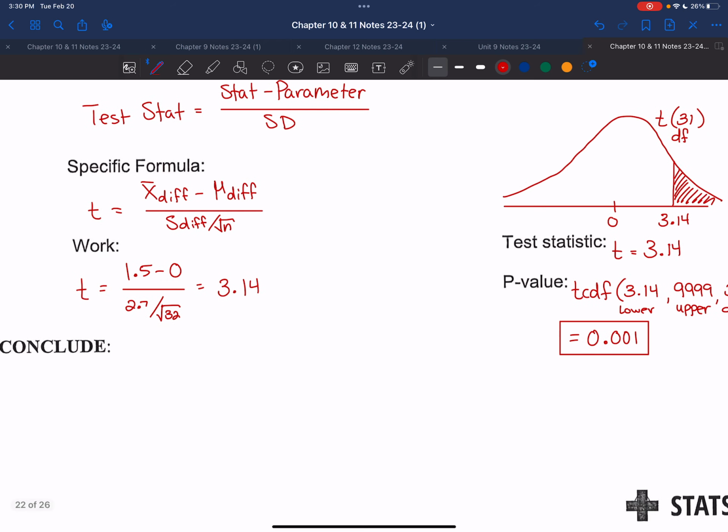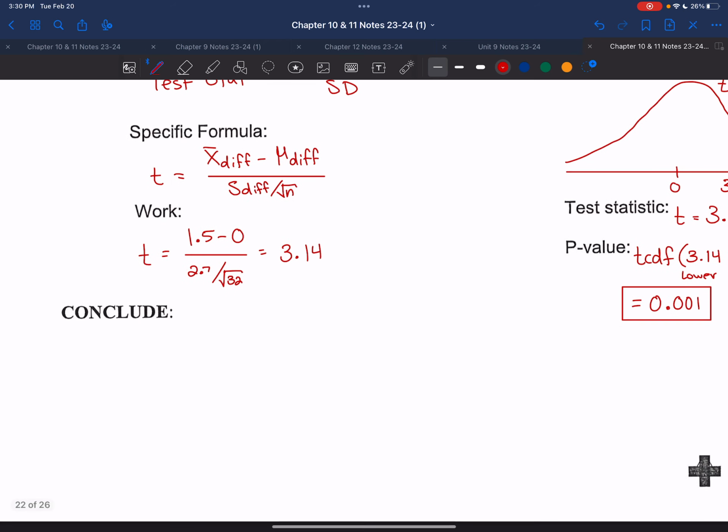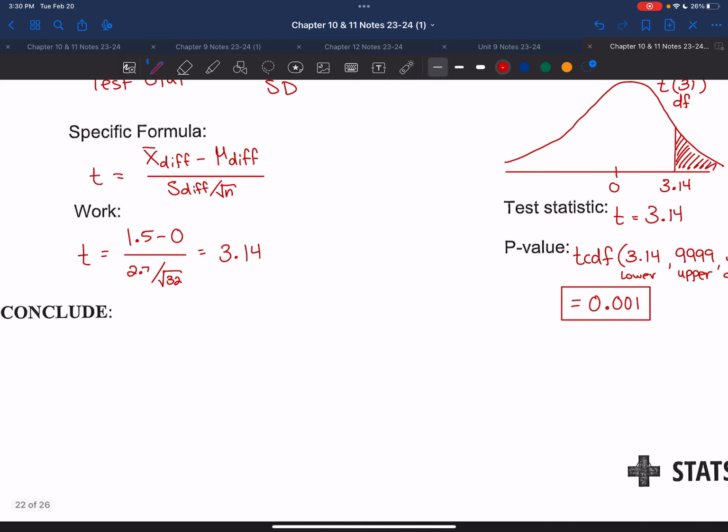All right, so that's a fairly small p-value, right? So two things I need in my conclusion. First off, interpret the p-value.